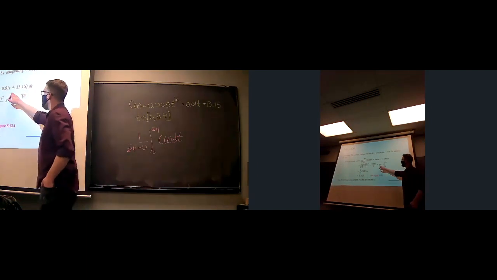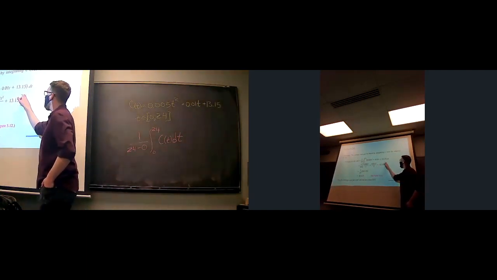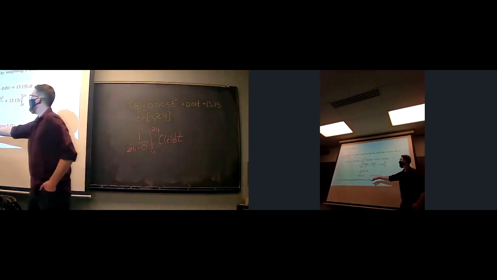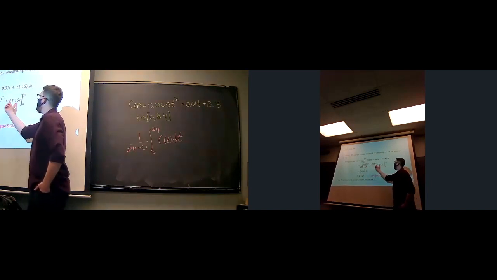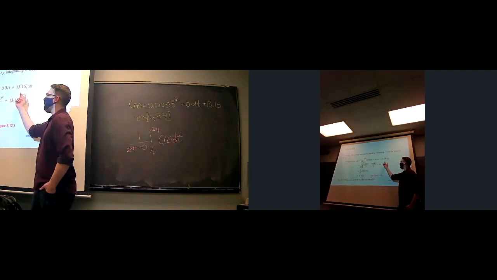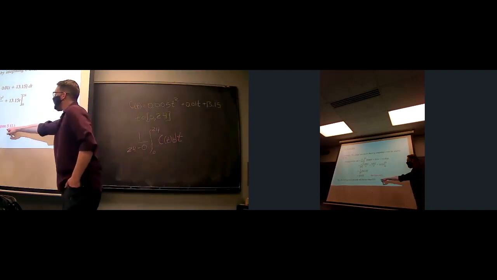Now, integrating all of this just like we normally would, then applying our bounds, we get 1/24 times whatever this thing calculates out to be from 0 to 24, which in this case happens to be 341.52. That value divided by 24, the average cost comes out to be $14.23.